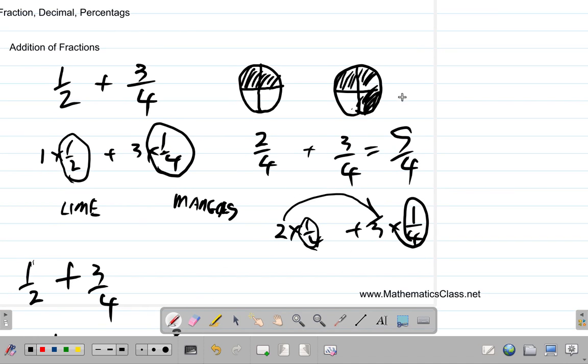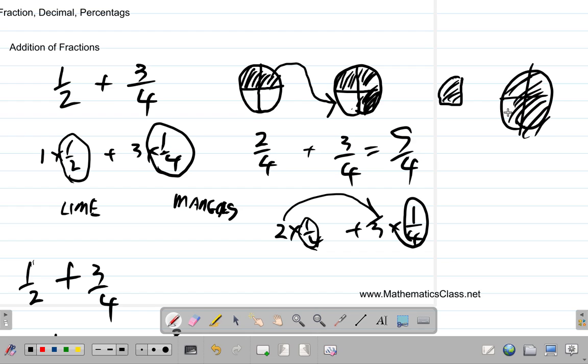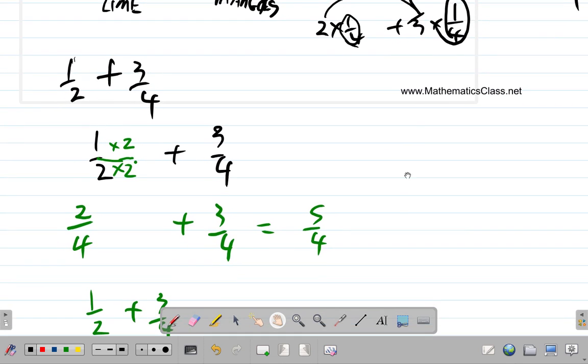If you take a quarter off this and put it right here, you'd be left with only 1/4 over here, and you have all 4/4 here. So you have 1 whole plus 1/4. So you have 1 1/4. 5 over 4 is 1 1/4.